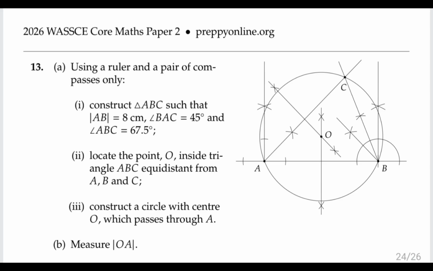All right, so the last question, which is 13b, says that we should measure this distance OA. So you just put your rule on one of the points and then see where the other point falls. And when you do that, you'll find that OA is about 4.3 centimeters.